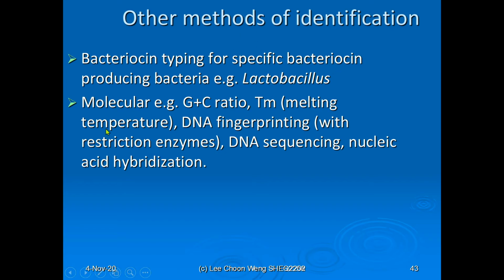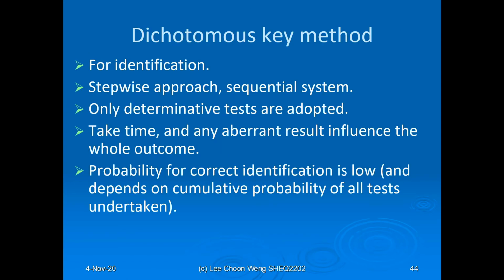Other methods of identification can also use the molecular approach, for example, the G plus C ratio, the GC ratio, related to the melting point, and DNA fingerprinting, DNA sequencing, and also nucleic acid hybridization approaches.